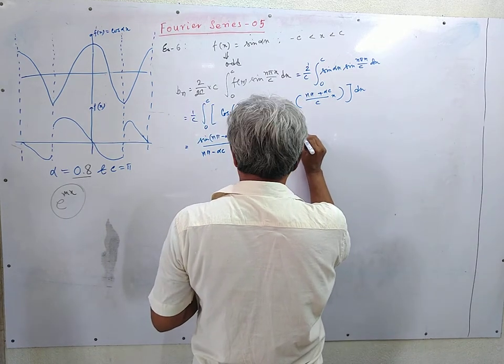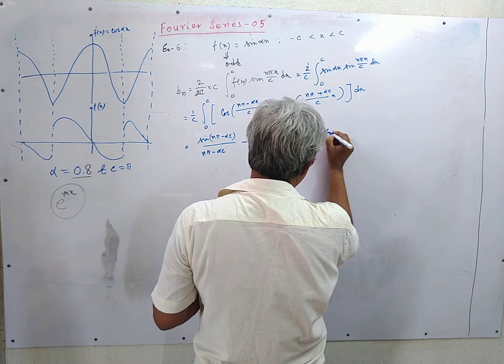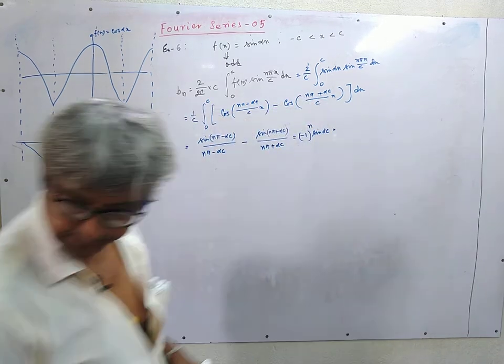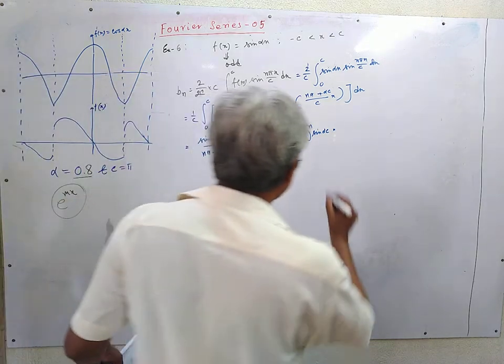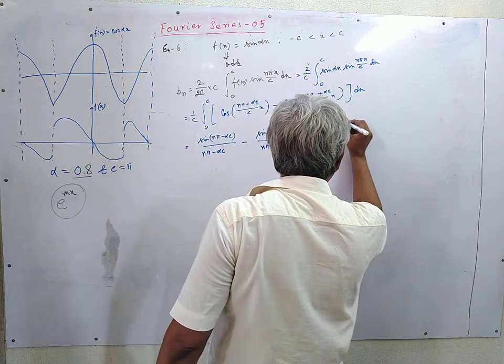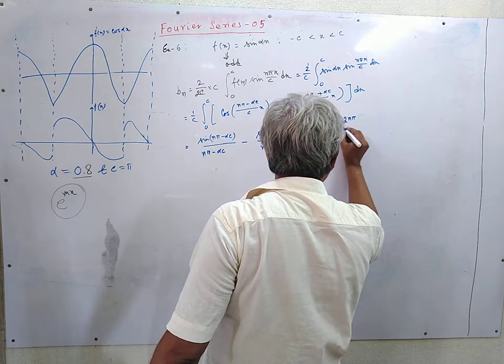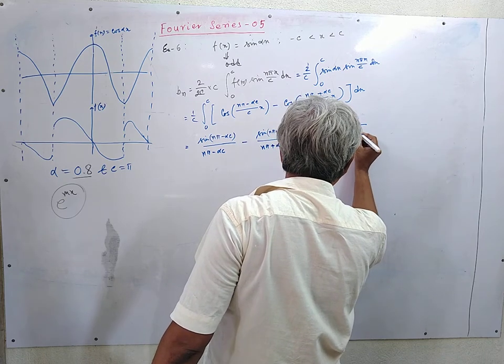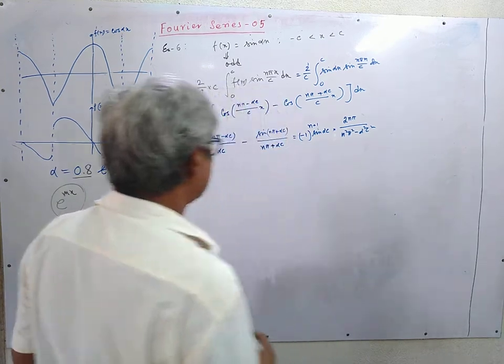This is minus 1 to the power n sine of alpha c times... on simplification this comes out to be 2n pi alpha square c square.